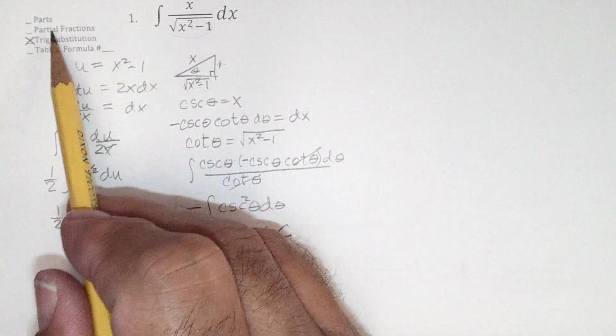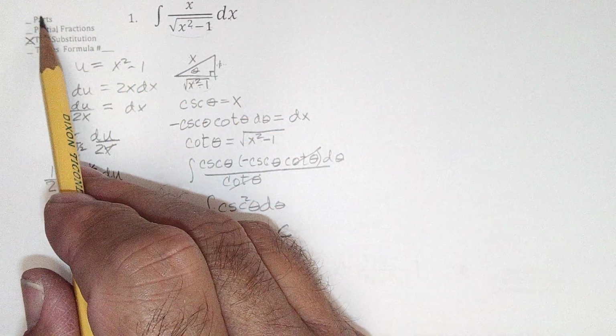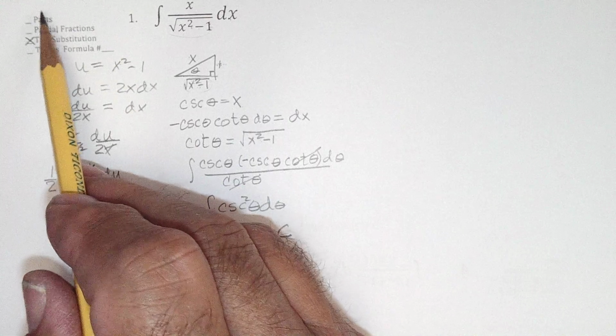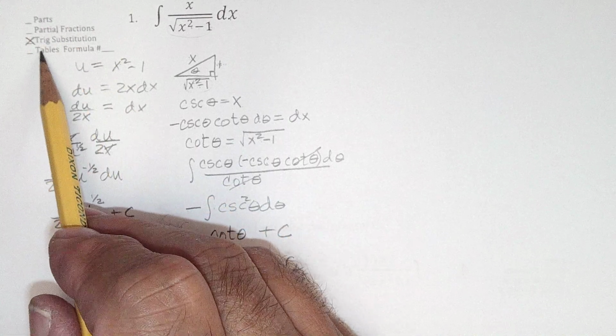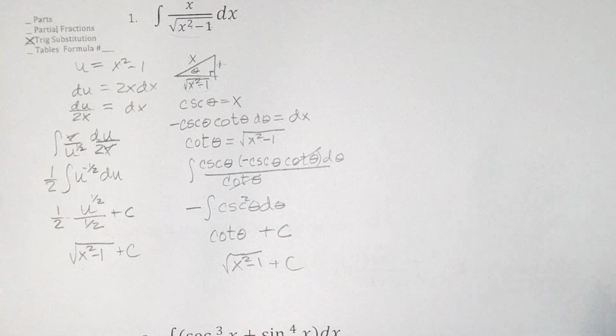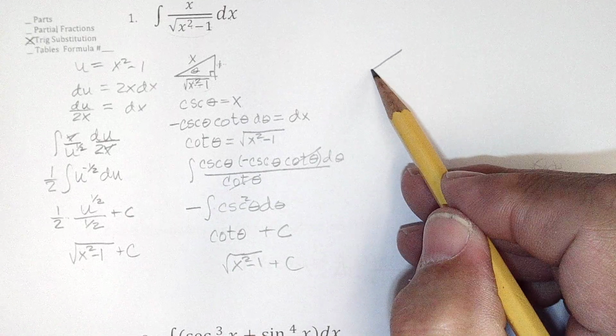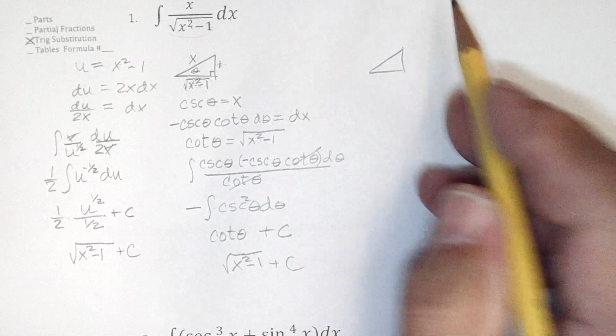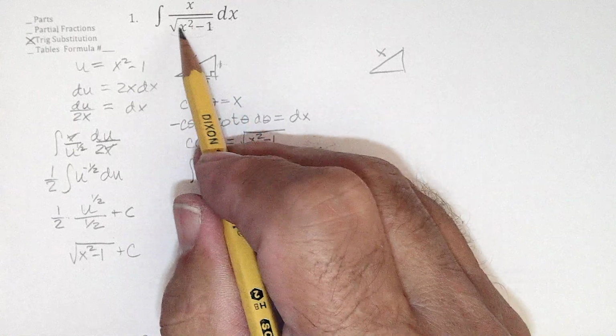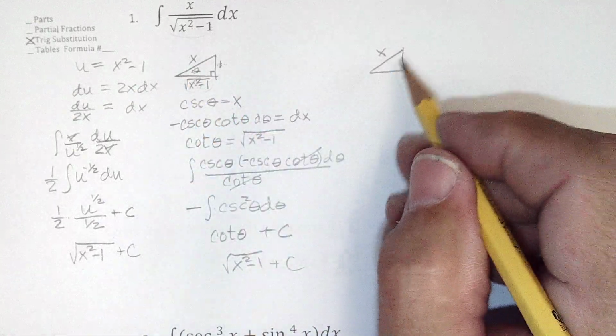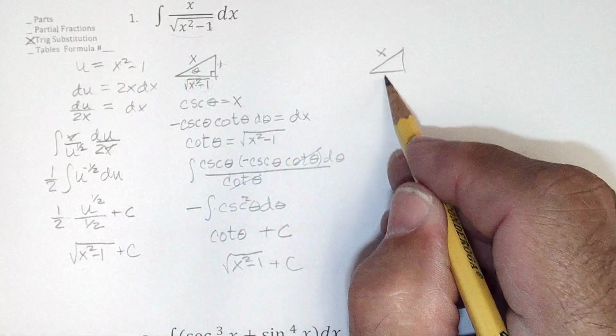It doesn't work with partial fractions. It would be messy to try to do it with parts, and I don't know that there's anything on our table for that. Now, I said I was going to do this one both ways. So I'm going to do this one with the x still on the hypotenuse because that's the positive thing, and I'm going to put 1 on the adjacent side.